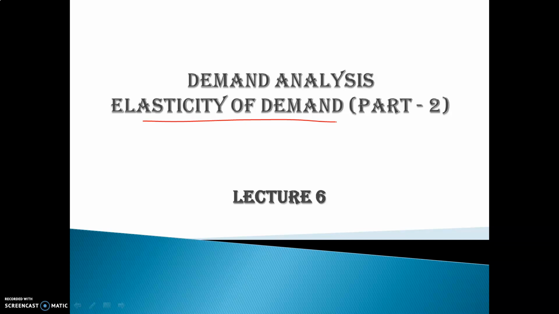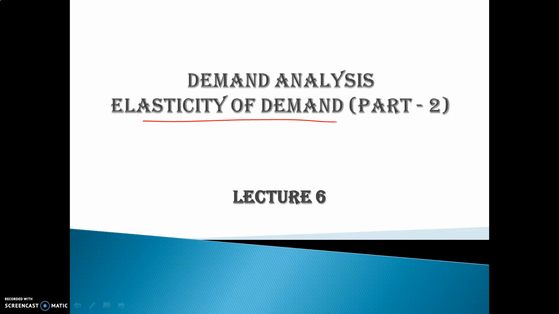Again, in the previous lecture, we have already learned that there are mainly 3 categories of elasticity of demand, right? What are the 3 categories, students? First is price elasticity of demand, which is also known as elasticity of demand, because price is the most important component, or one of the most important factors determining demand.